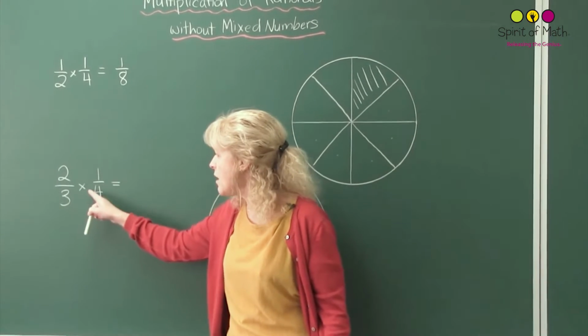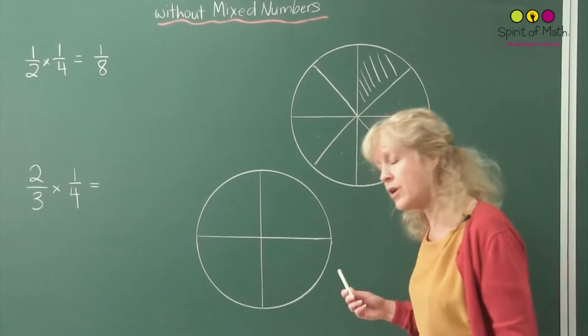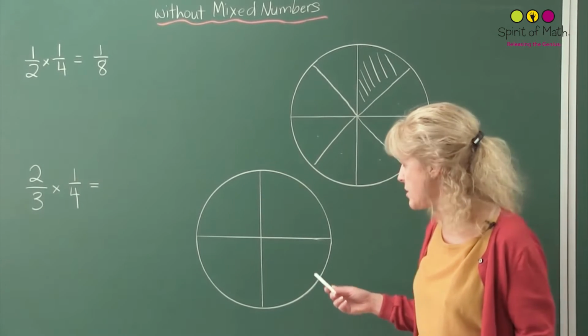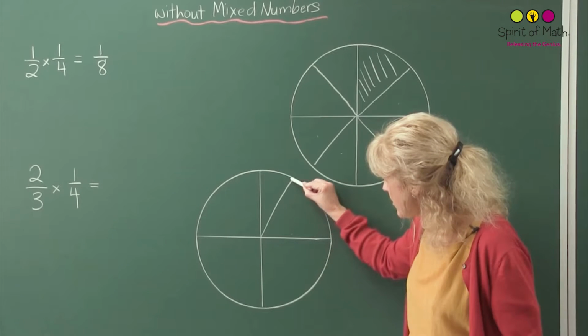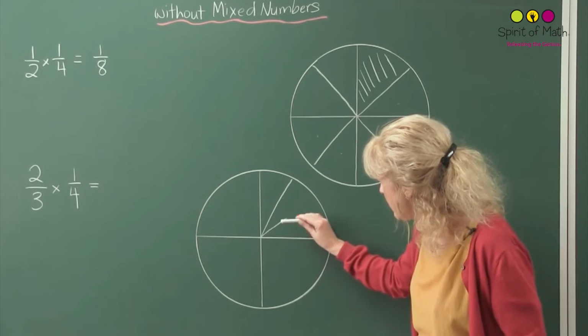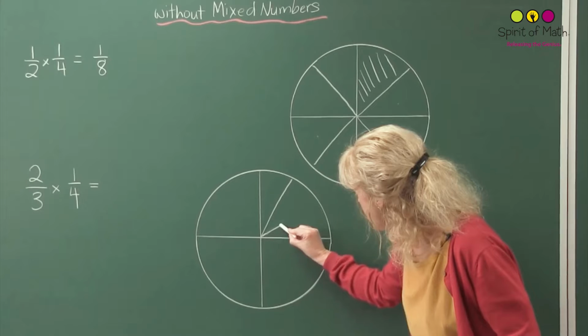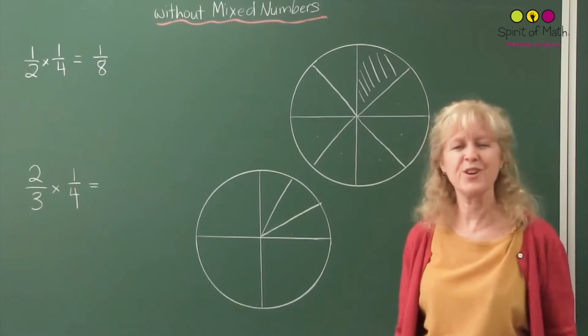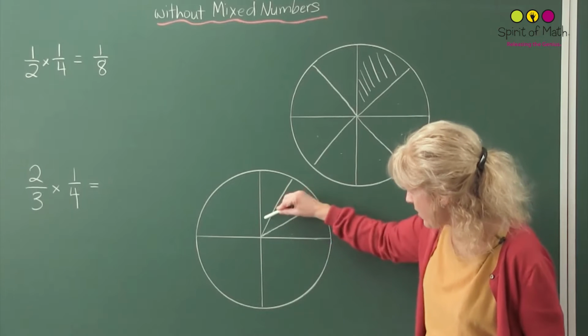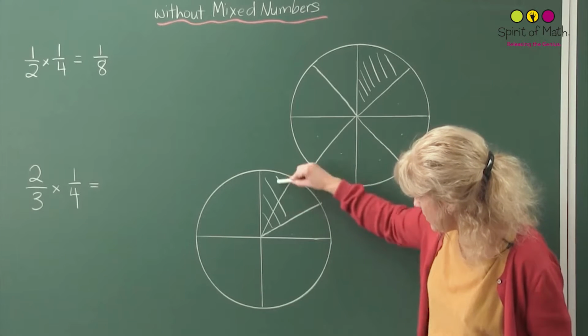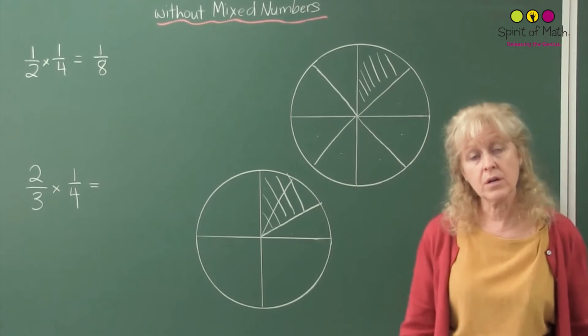So 2/3 of 1/4. That means you're going to have to divide this into thirds. So you have your quarter again, and I'm going to try and make it good thirds. They may be a bit off, but those are thirds, all right? So if you've got 2/3 of 1/4, well, that would be 2/3 of 1/4.